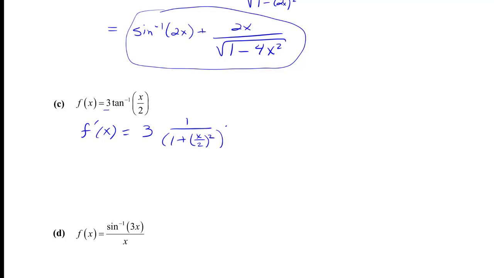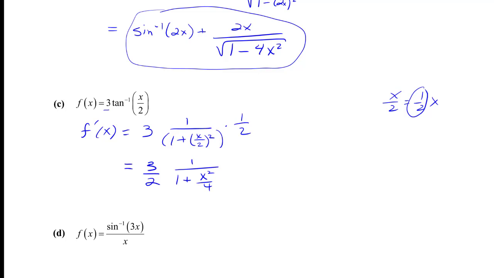Now, realize that x over 2 is really just 1/2 x, so the derivative is just that 1/2. Okay, so now I have 3 over 2, so I put the 3 times the 1/2, and then I have 1 over 1 plus x squared over 4.